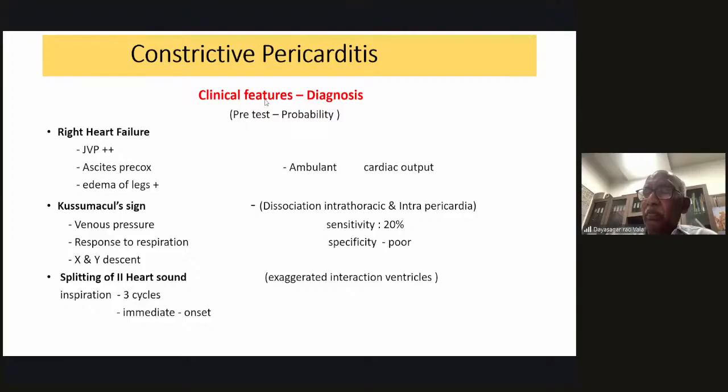It takes some time and concentration to appreciate this physical sign of immediate occurrence of splitting of the second heart sound with the onset of inspiration. It is a subtle sign, but probably it has not been tested to see what its sensitivity and specificity are. But this is a sign that can be remembered.